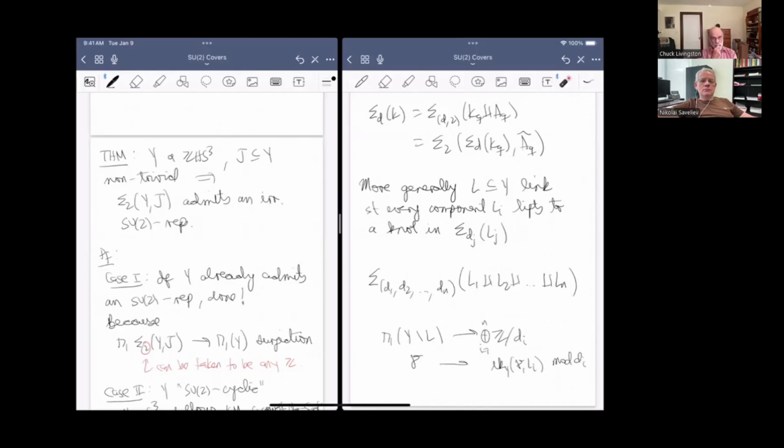That's what I mean by this branch cover.